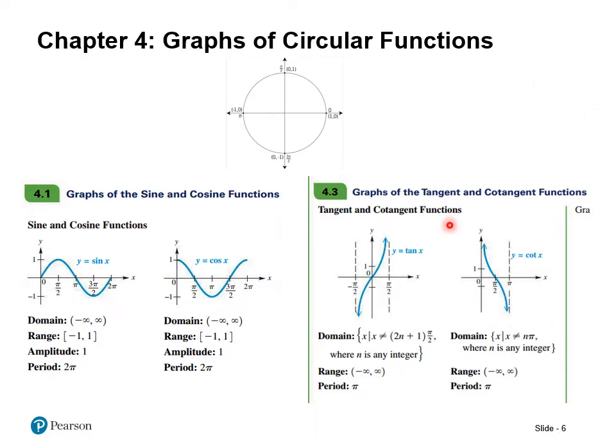For tangent and cotangent, we think in terms of tangent equals sine over cosine. So since tangent equals sine over cosine, wherever cosine is 0, since it's in the denominator, tangent will be undefined, and that's shown by the dashed lines here, which are asymptotes.